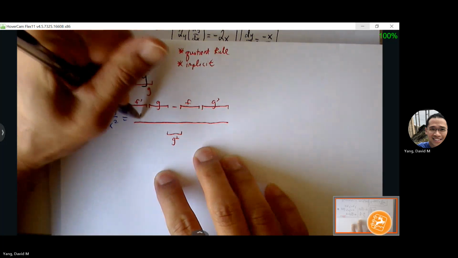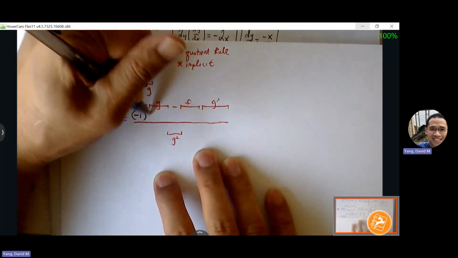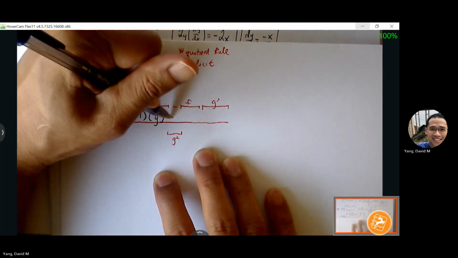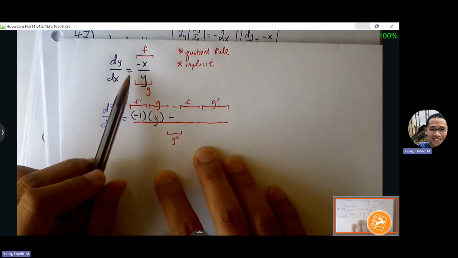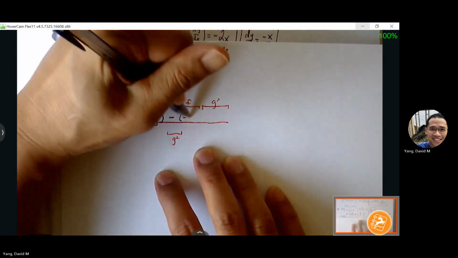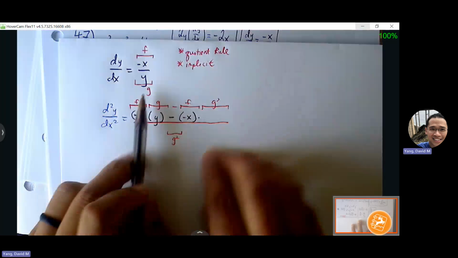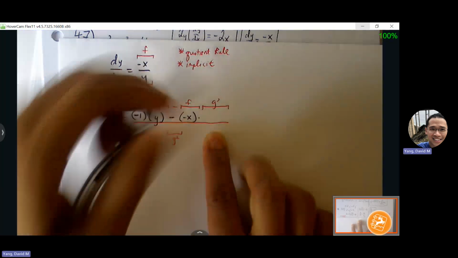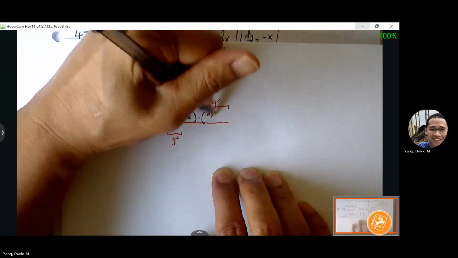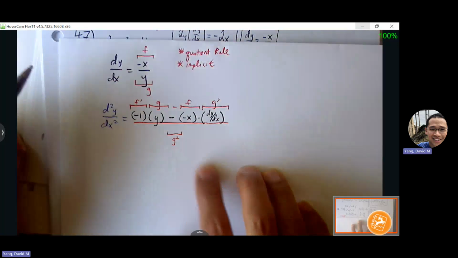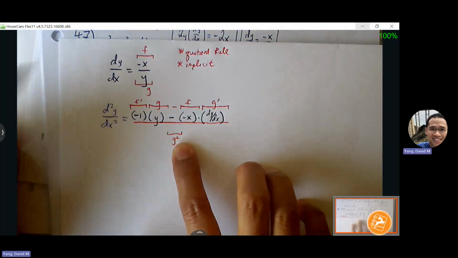Negative 1. G function, no changes. Back to f, which is negative x. g prime becomes dy/dx, all over y squared.